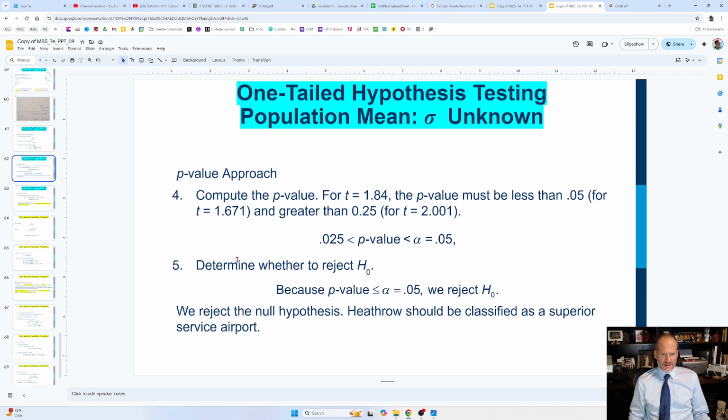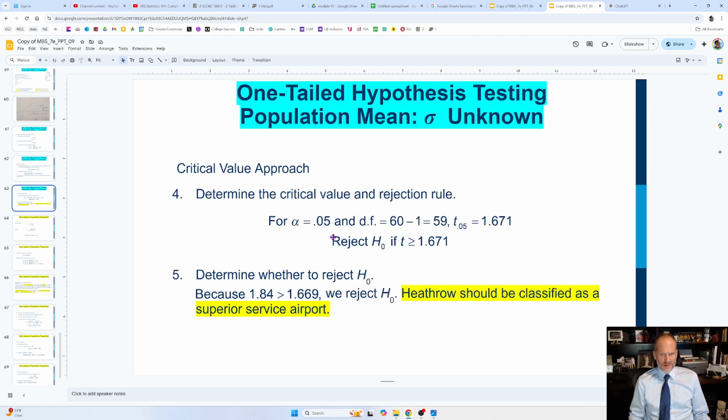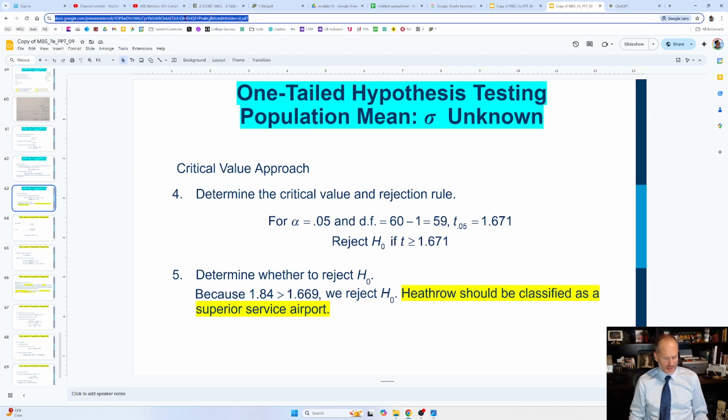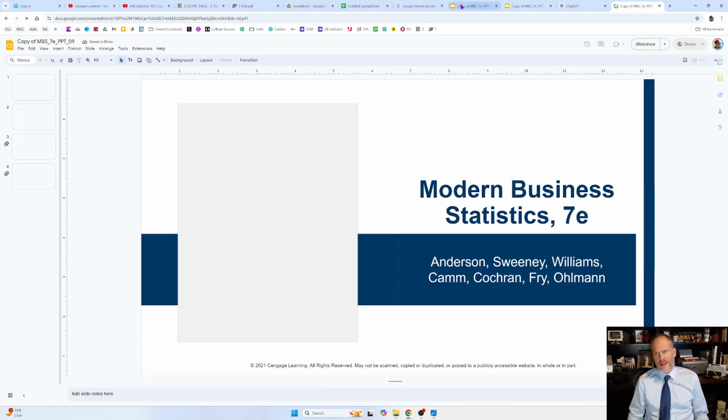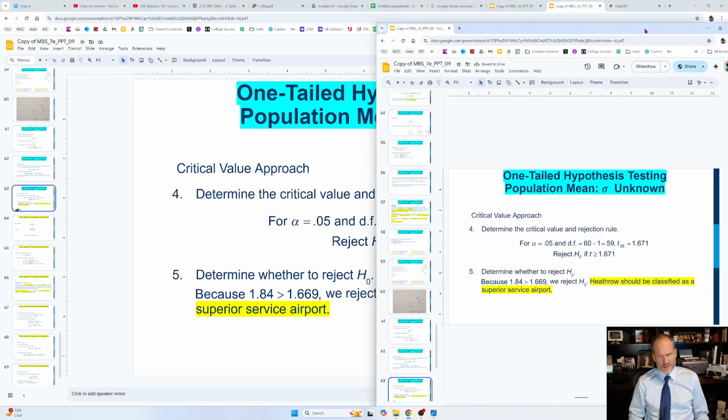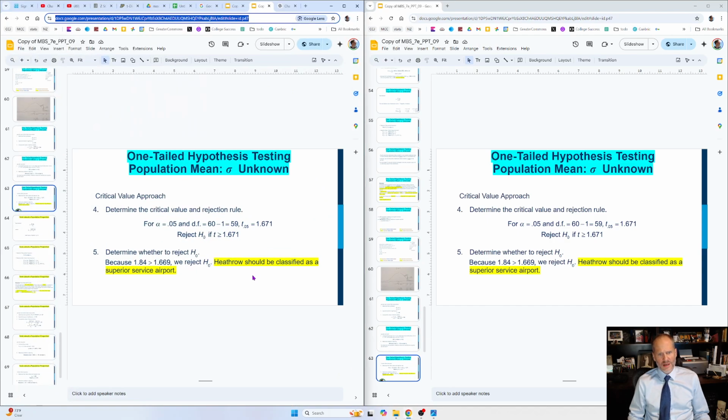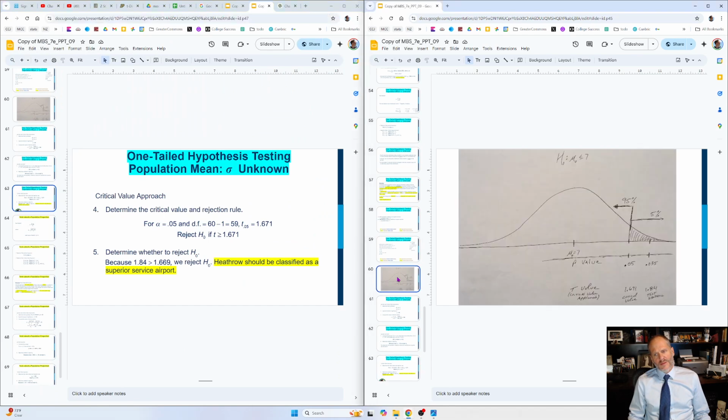And then, wait, let me just take, this is the p-value, here we go, 1.84, 1.669, t is 1.671. I've got to see this on two slides, so let me bring this one over to the right, and we'll bring this one over here. And I'm looking for our graph over here on this side. And so our graph is 1.671 right there. And our t-value is 1.84 and 1.84.